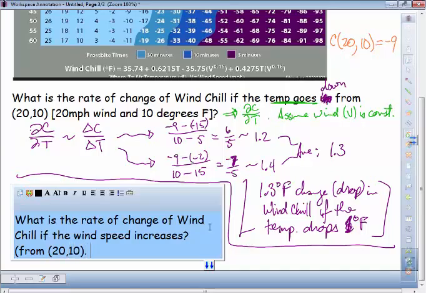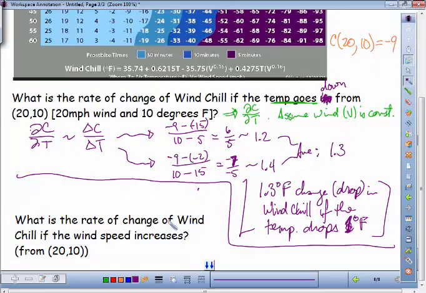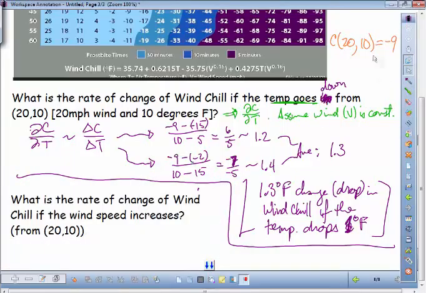And since we're doing an actual problem here, we have to specify that we're at a particular point. And our particular point here is we're at the point 20, 10, -9.